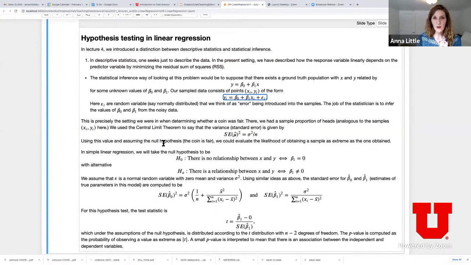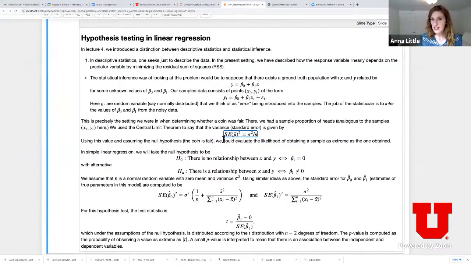Okay, and so this gets into the same kind of setup as we were talking about in our lecture on hypothesis tests, where we were thinking about whether the coin was fair. We had a sample proportion of heads, and we used the central limit theorem to say that the variance, or standard error, decreased with the sample size as sigma squared over n.